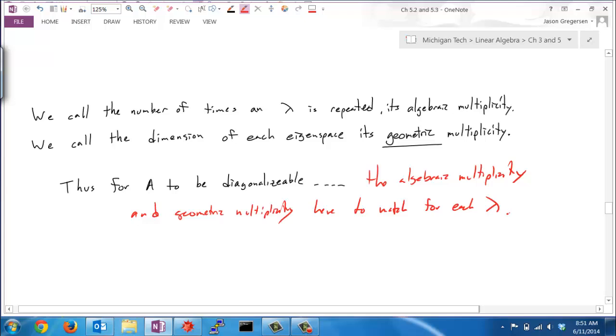Once again, this is just our fancy way of saying if you have an eigenvalue repeated 3 times, you need to be able to get 3 eigenvectors from it. Because you need to get enough columns to make your matrix P.